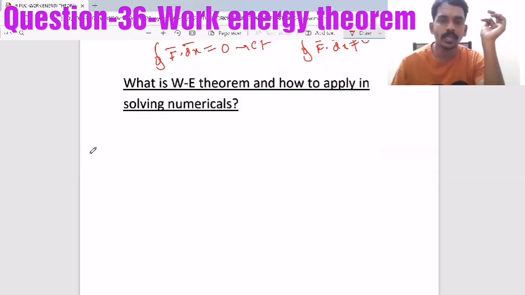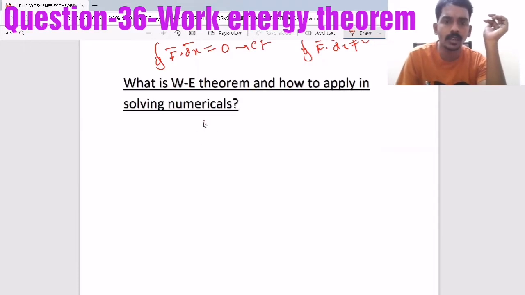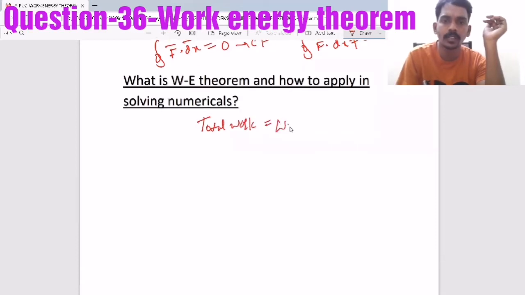Now, what is the work energy theorem and how do we apply it in solving numericals? The work energy theorem says that the total or net work by all the forces is equal to the change in kinetic energy of the body, like final kinetic energy minus initial kinetic energy.